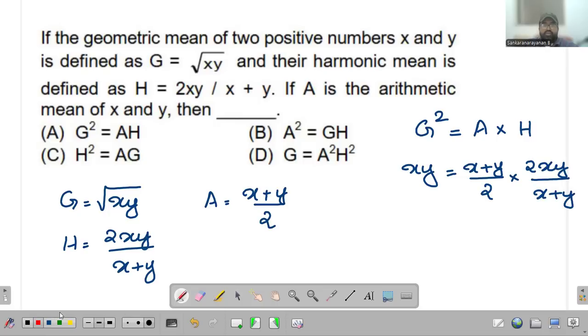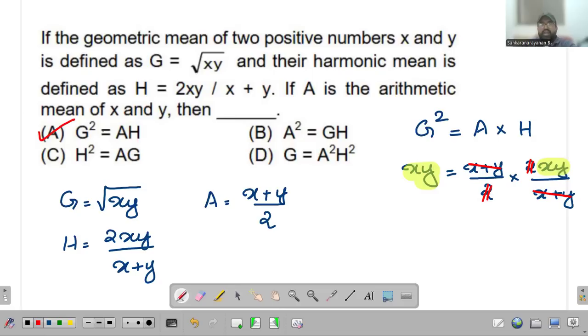Now this x plus y can be cancelled, and this 2 can also be cancelled. You end up seeing xy is equal to xy. LHS is equal to RHS, hence proved. So for this question, option A, G square is equal to A into H, is my final answer.